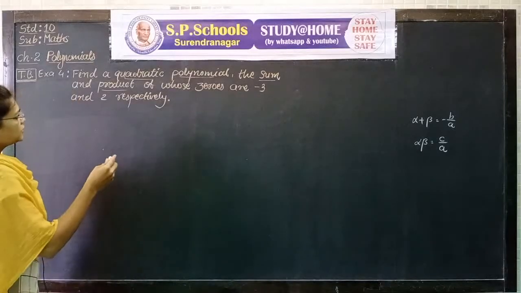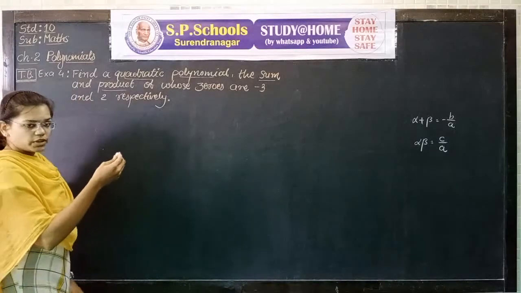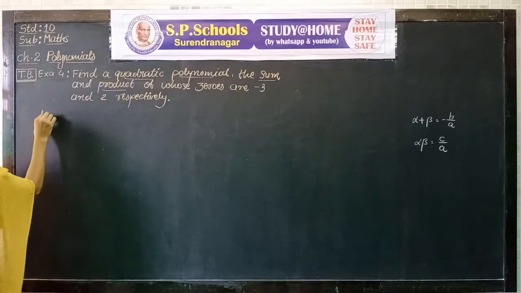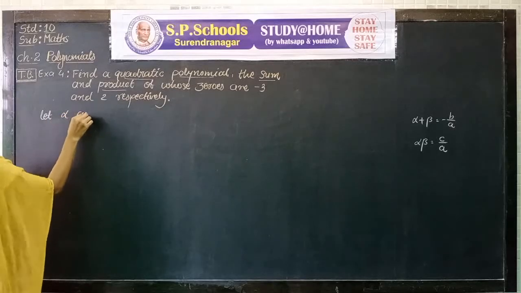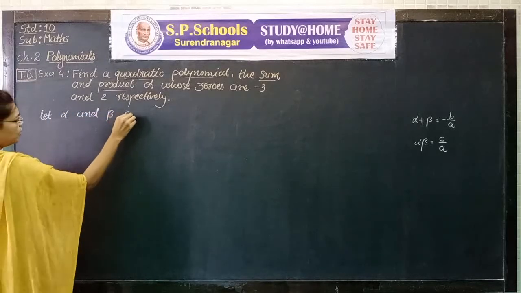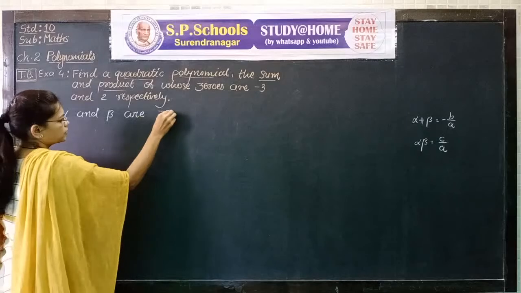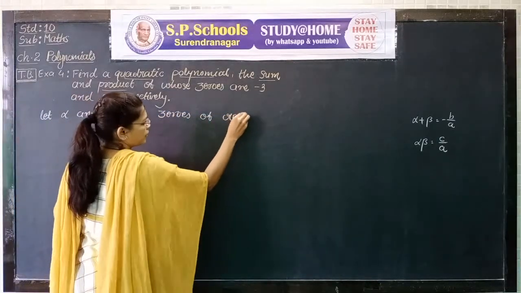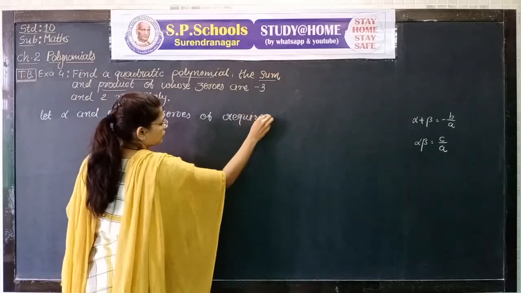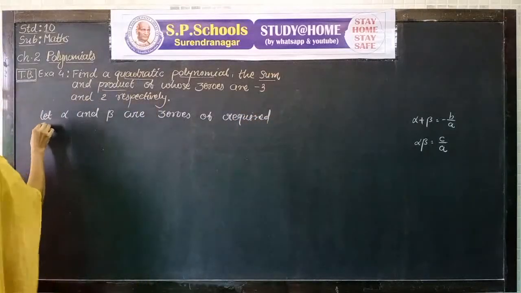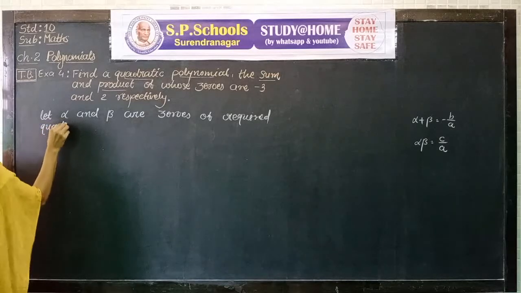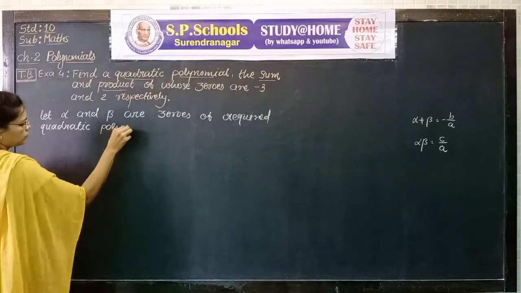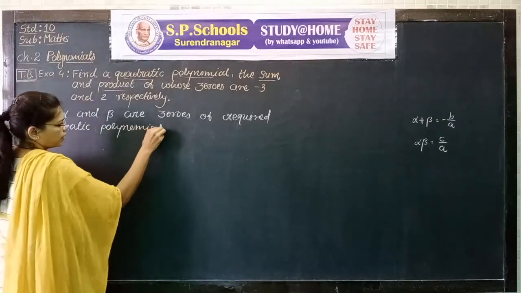Let's start by assuming two zeros for this quadratic polynomial. Let alpha and beta be the zeros of the required quadratic polynomial p of x.